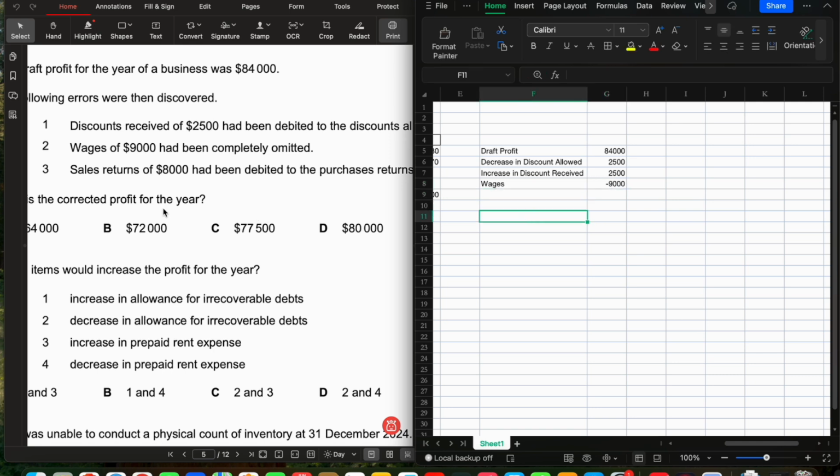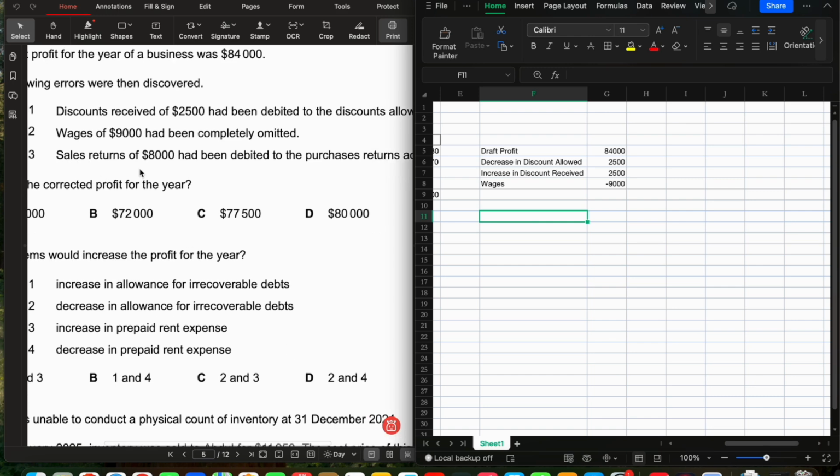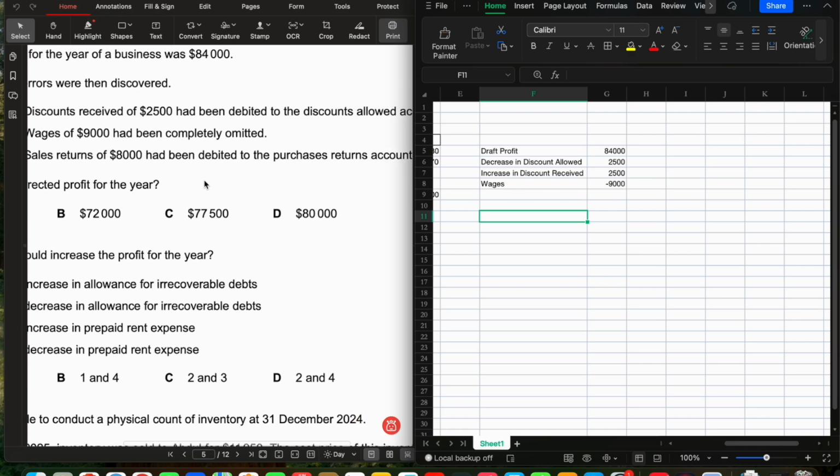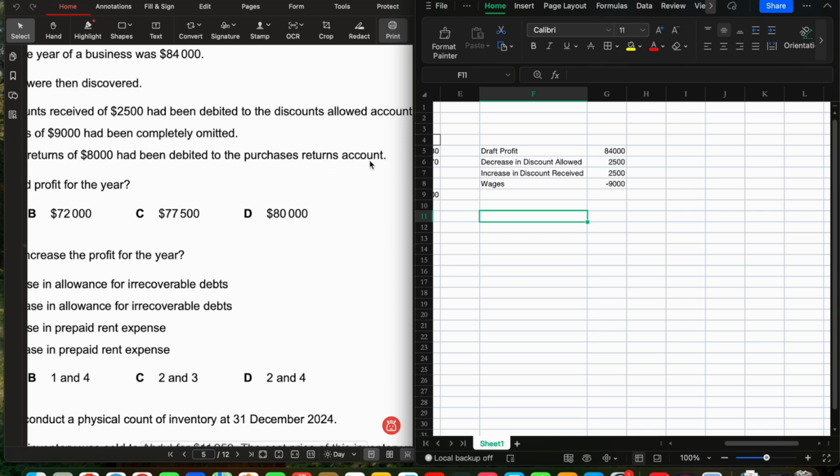And then the last one, here it says a sales return of 8000. A sales return basically means expense. Sales is an income, sales return is an expense. Okay, so there's an expense of 8000 which is supposed to be here, but we wrote that in the purchase return account, but on the debit side. Now purchase return is your income, because purchase is your expense, purchase return is your income, and income, as I already told you, has a credit balance, but we wrote it on the debit side.